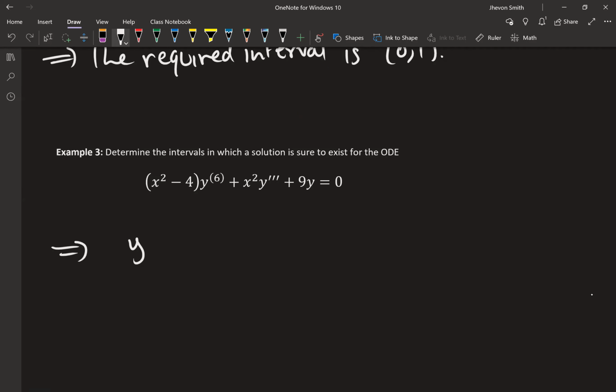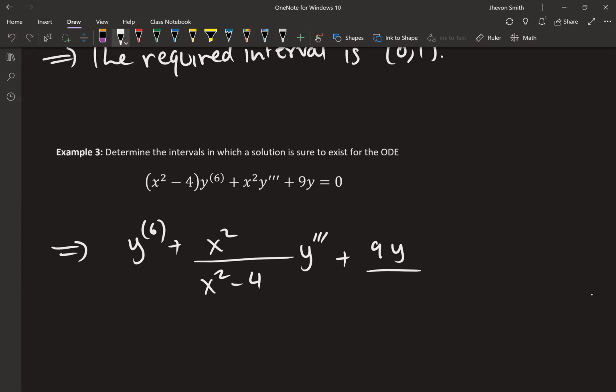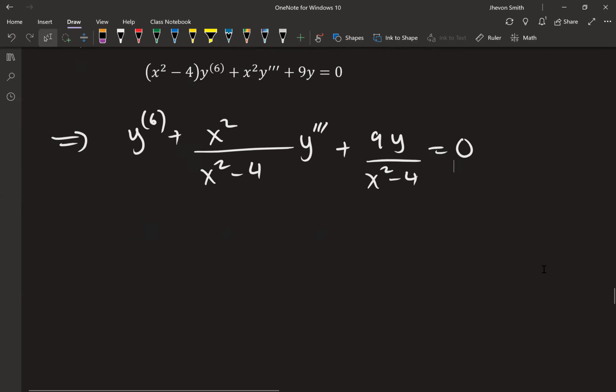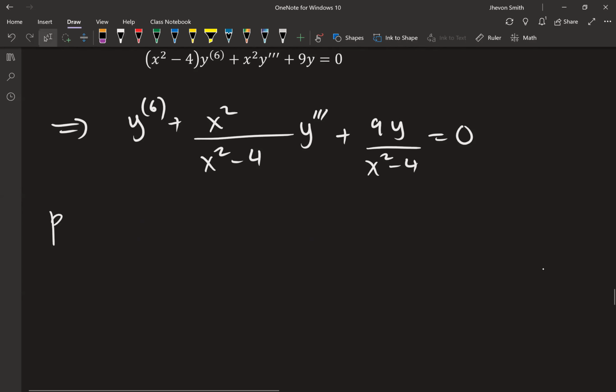You'd rewrite in standard form. Then you'd realize the problem points are x equals plus or minus 2.